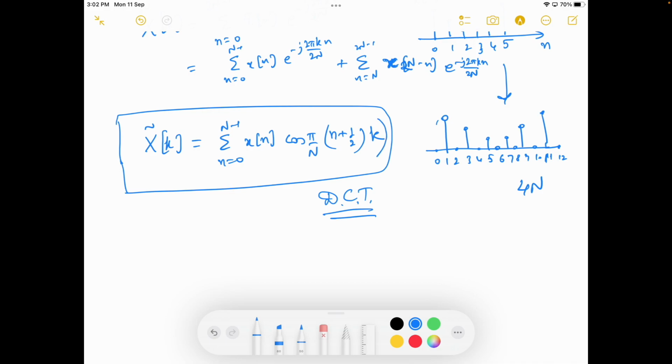Everything is a part of cos. So basically you construct a signal of length 4N and insert zeros in between, and then for this particular x tilde n, if you compute your DFT, it will simplify into this nice looking expression.